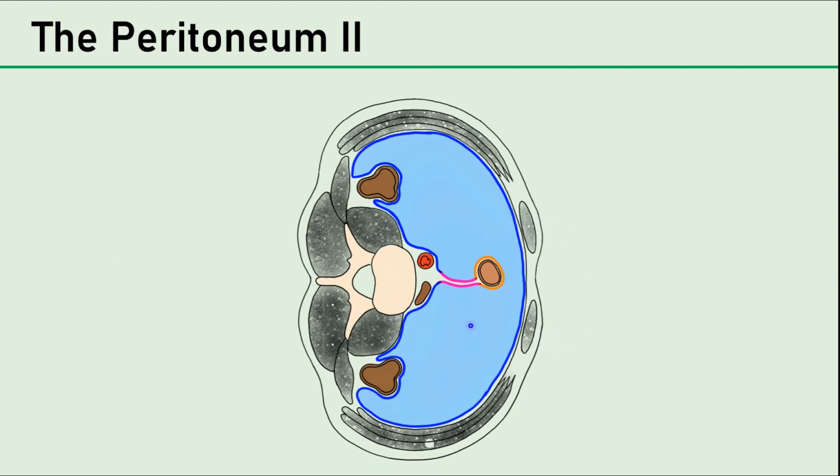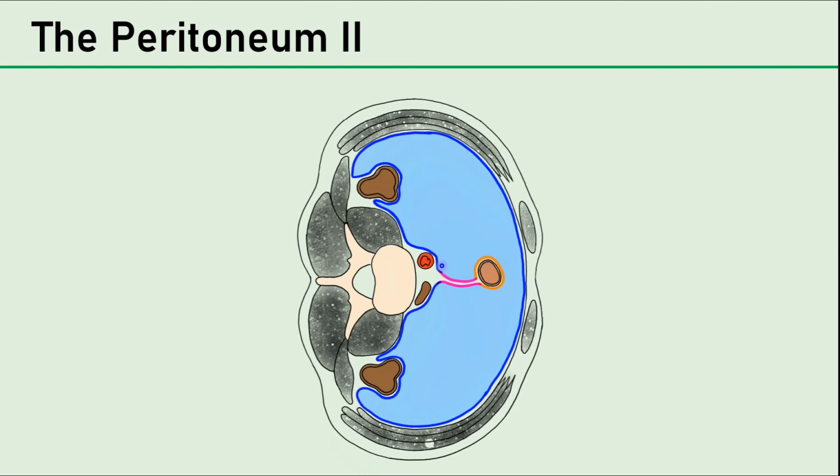Okay, so this is the back with our spine, and these are our six-pack on the front and our obliques down the side. So this is some intestine, and we can see just around the outside we have the same yellowy orange visceral peritoneum around the outside of the organ.